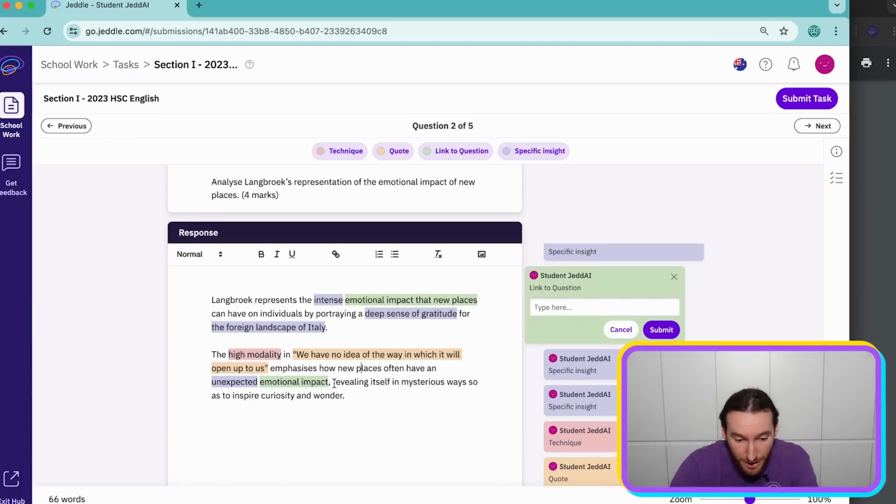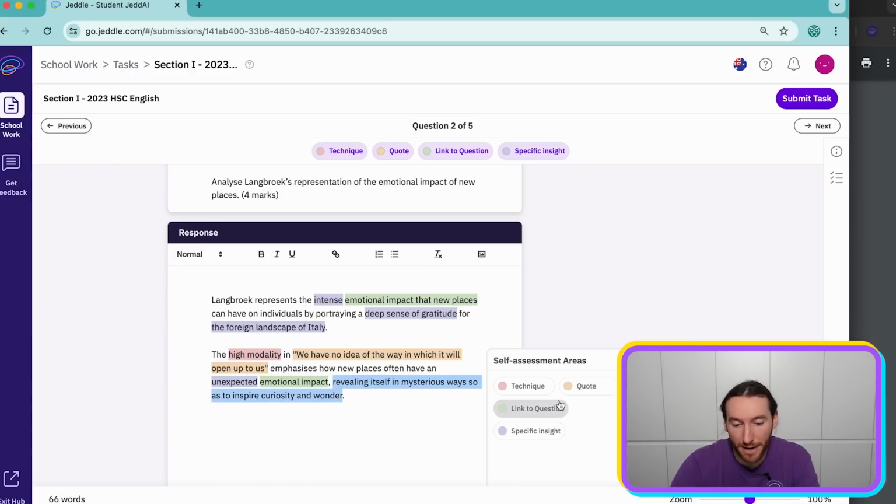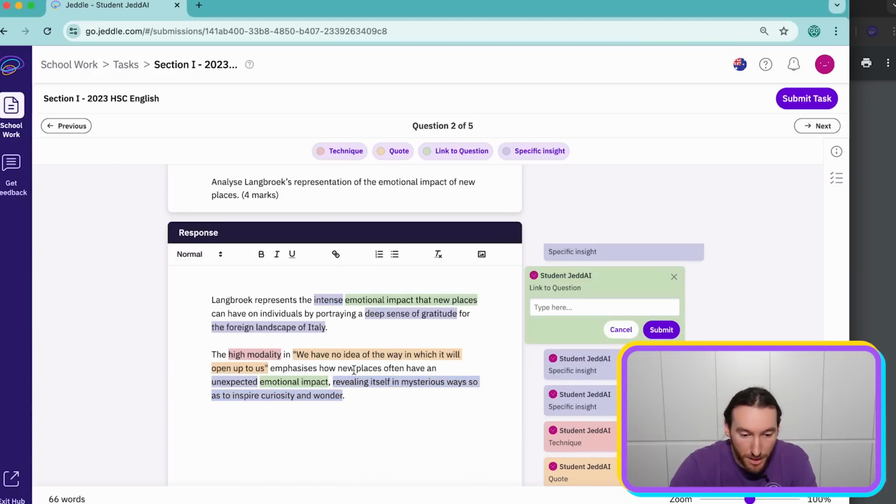That's why I keep saying emotional impact. Then we extend on it to make sure we're also linking to the question in a specific way, revealing itself in mysterious ways so as to inspire curiosity and wonder. That's where we're nailing the emotional impact part, saying different types of emotions that come from the unexpected nature of the place. Okay, this is sounding really good.